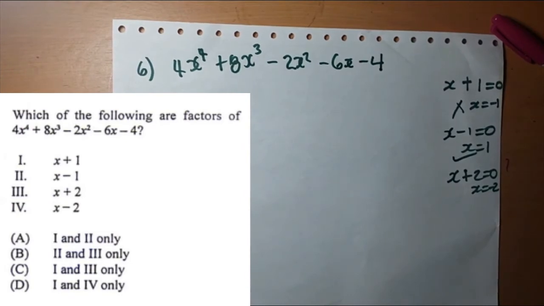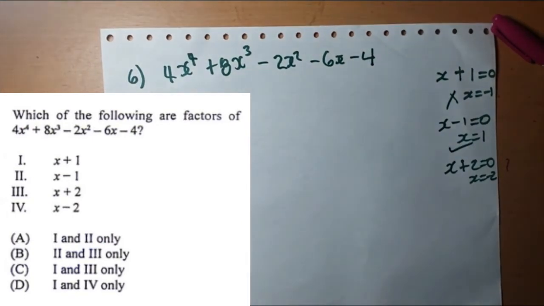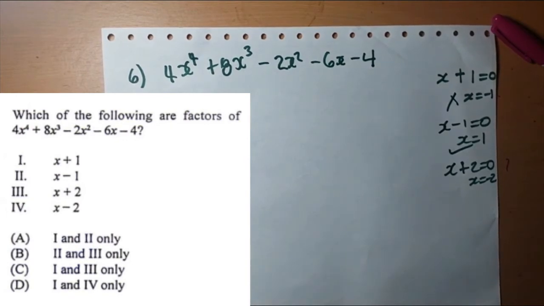So minus 2 to the 4th power, we have 16 times 4. If you're going to put minus 2 to the 4th power in the calculator, ensure that you use a bracket around it, so it doesn't just raise 2 to the 4th power then negate.